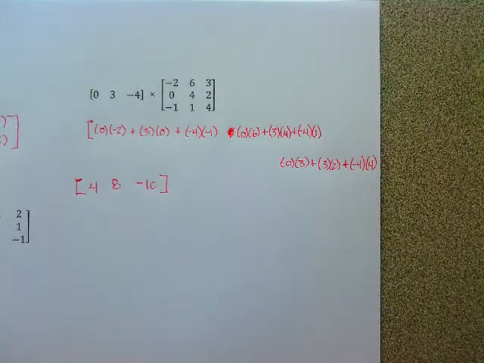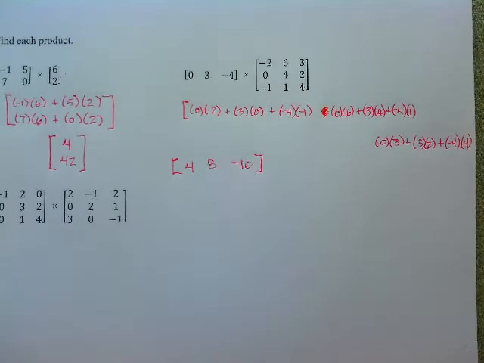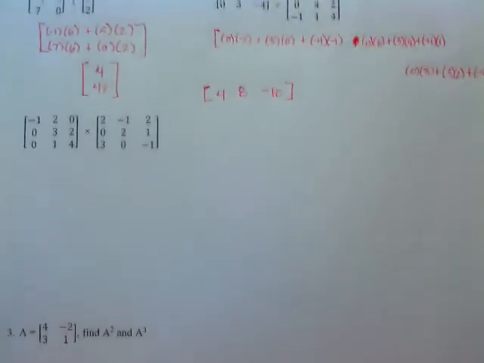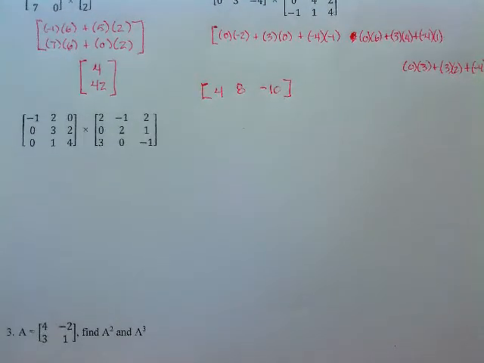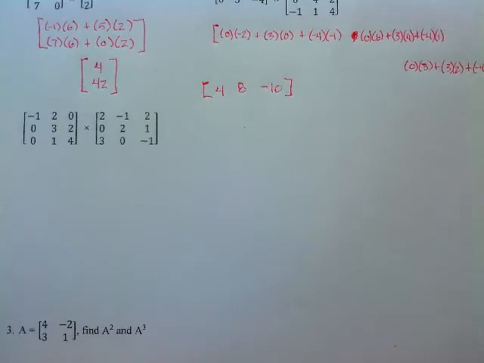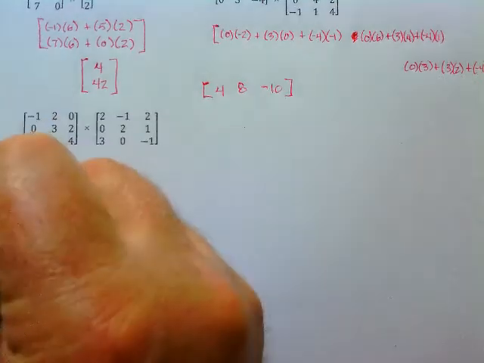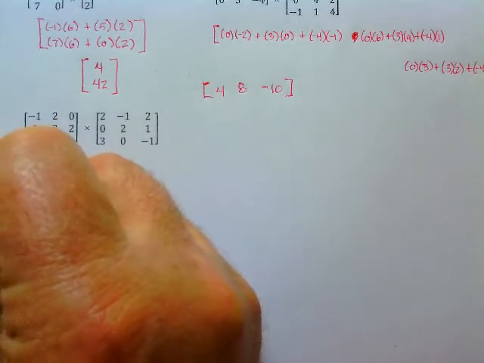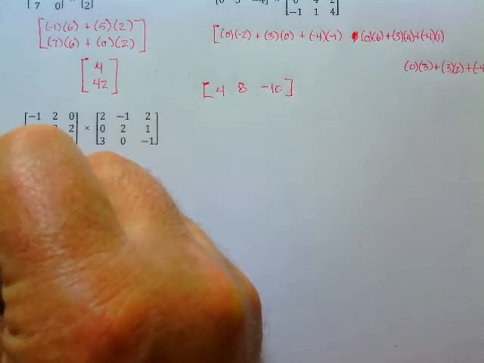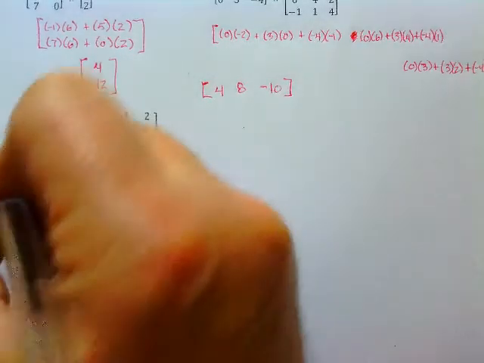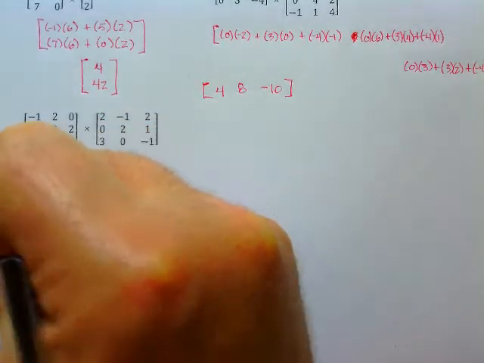Alright, so let's look at a slightly bigger case. Now we're going to be doing the multiplication of two 3 by 3s. So, again, it's a really good idea to give yourself some room when you are doing this.